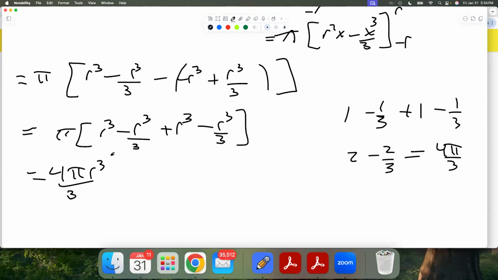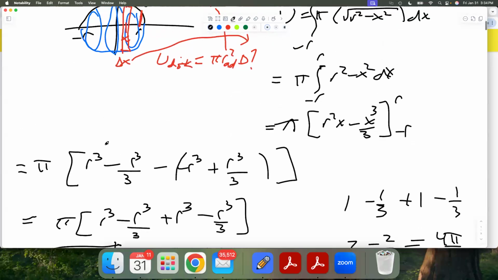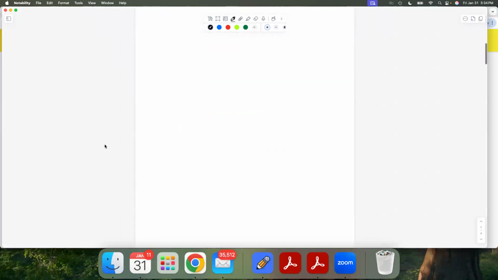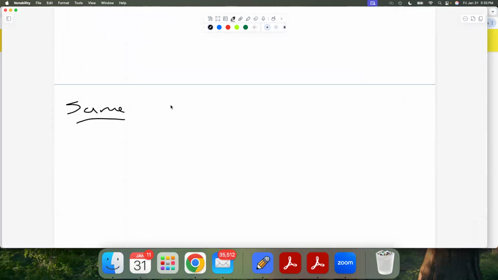I keep drawing that too big, too small. All right, now let's do it using shells instead. Think I left myself enough space? I did. All right, so same problem with shells. Now, we could set this up however we wanted to.